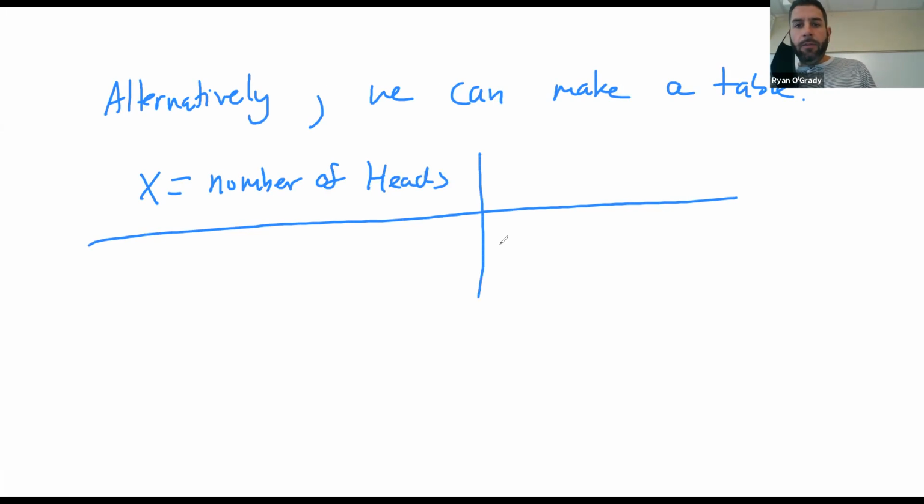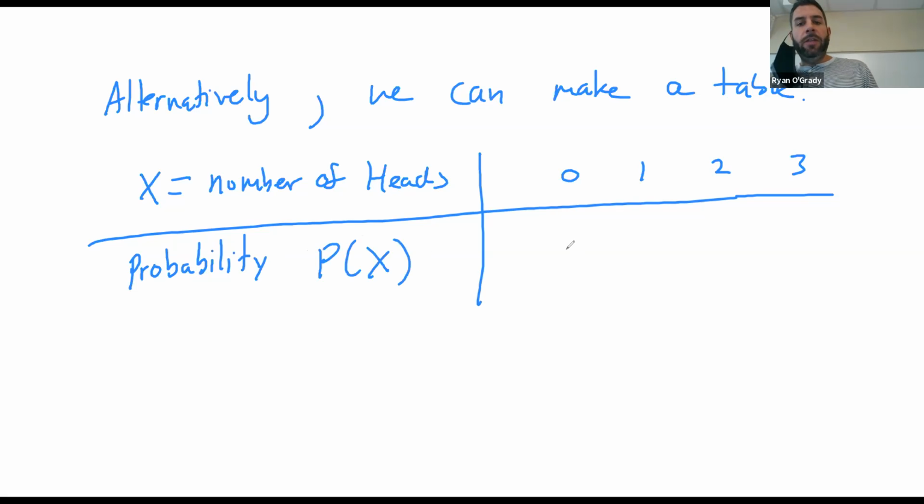Well, I can have 0, 1, 2, or 3. And then I can compute the probability, which is P of X. And we already found this. This is 1/8, 3/8, 3/8, and 1/8. So that's another way to visualize this function X and its probability.